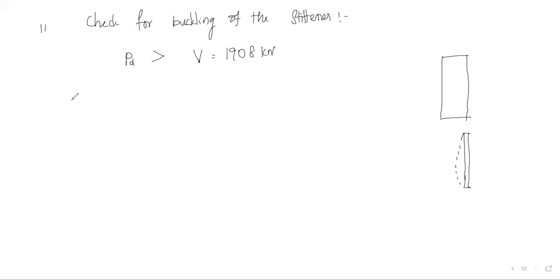Okay, so our PD value from page number 34 of IS 800 2007, we can have the value of PD is equal to AE into FCD.